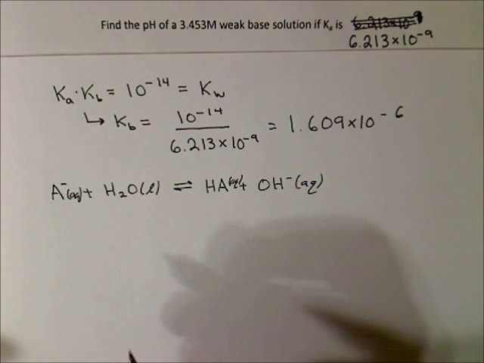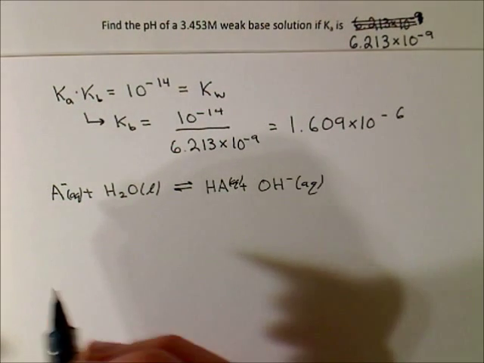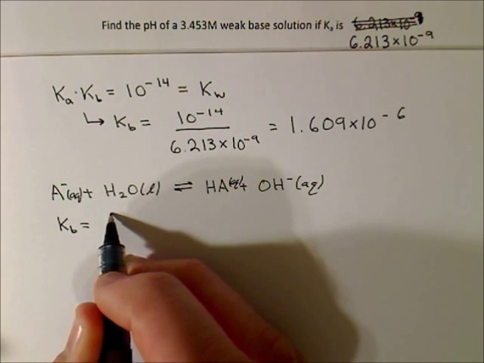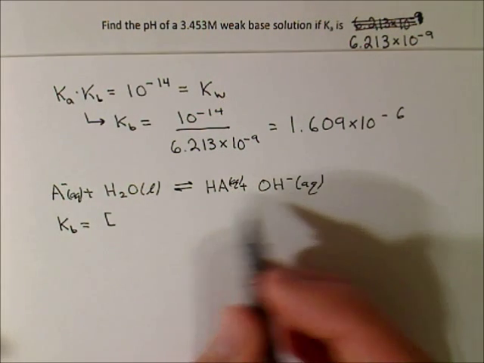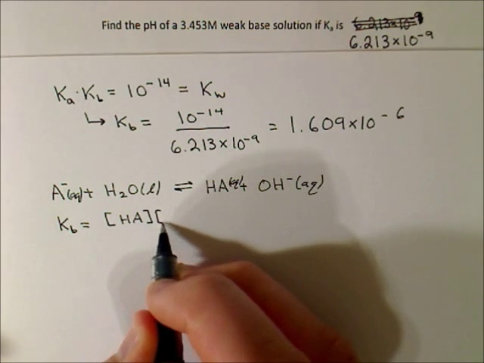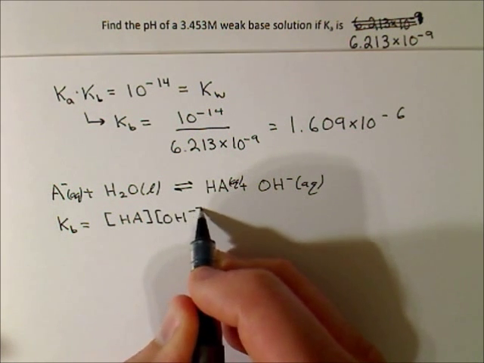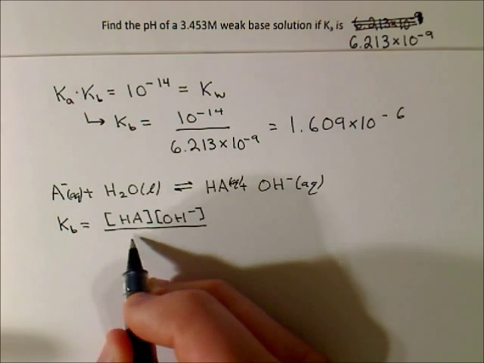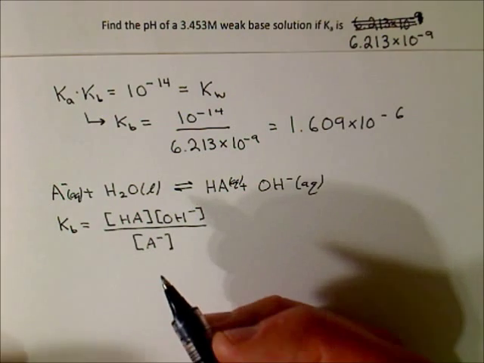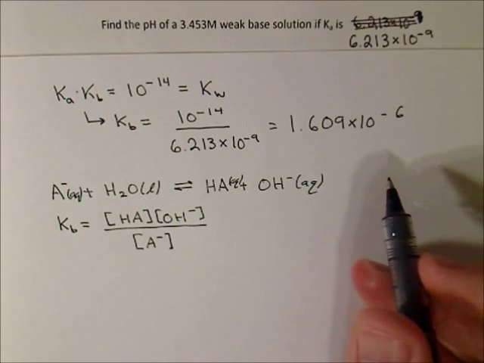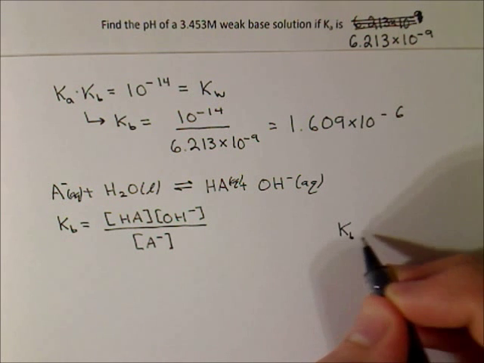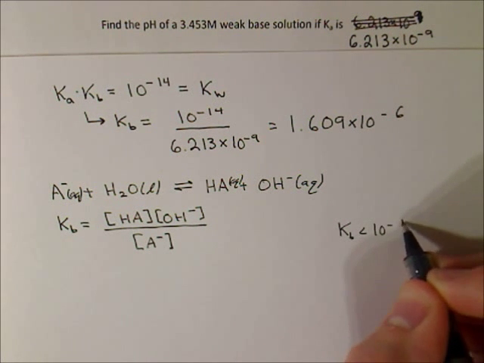Okay, so that's our equation. So now we need to find what Kb actually equals. In this case, it's just HA times OH minus over the concentration of our base. And in this case, our Kb is really small. Kb is less than 10⁻⁴.